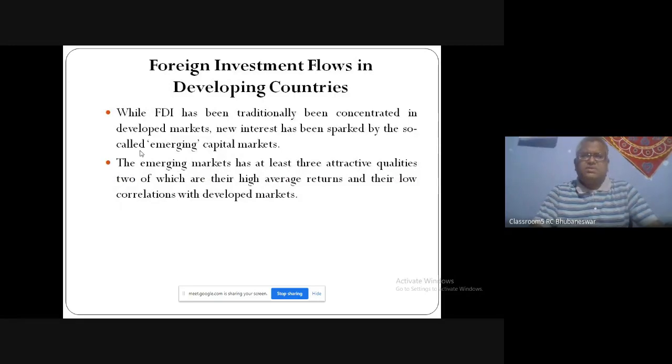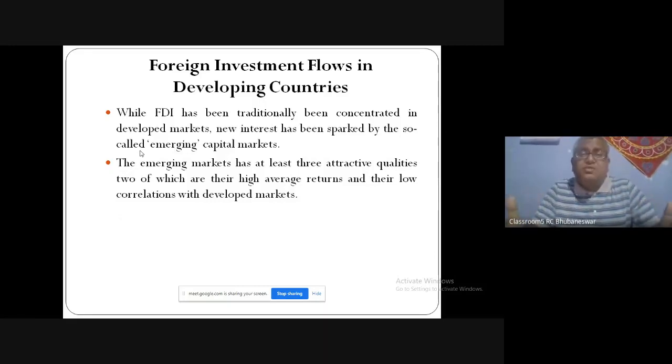But if you correlate this with international business law, how is it possible? Now, foreign investment flows into developing countries; these are emerging issues with attractive qualities and a high rate of return, which can be described as an emerging capital market.